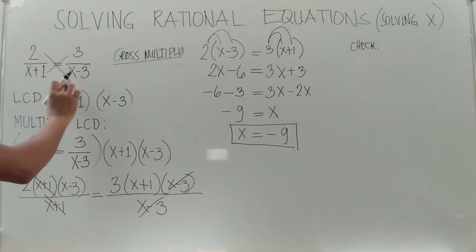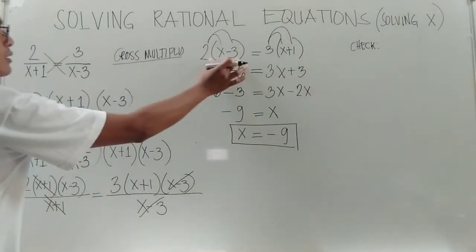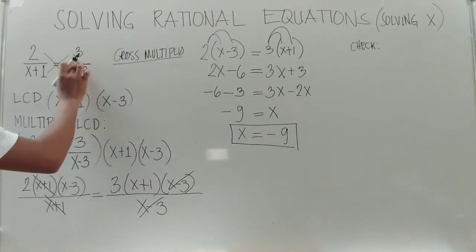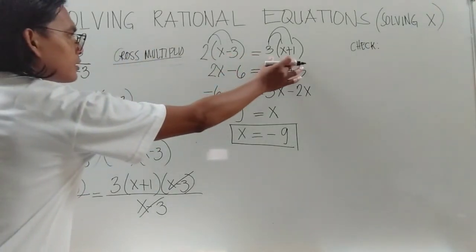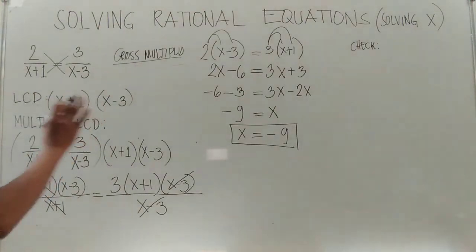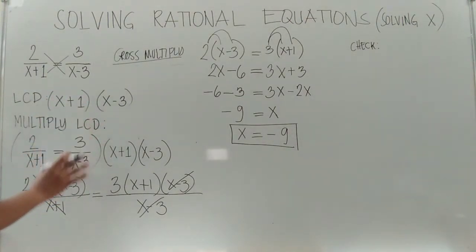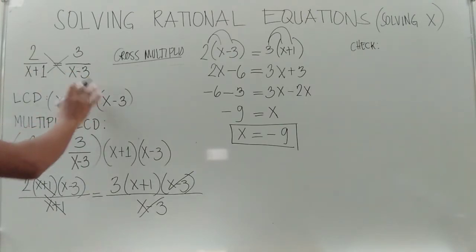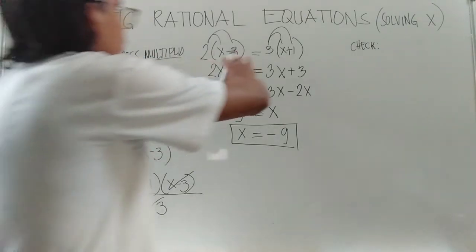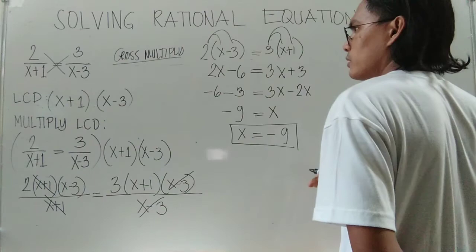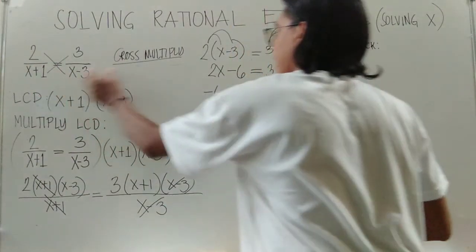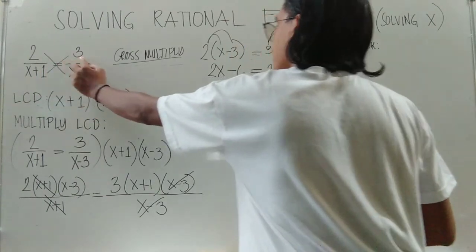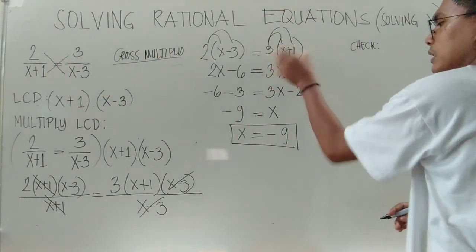Again, 2 times x minus 3 by cross multiplication. Then we have x plus 1 times 3. So we did not use the LCD and multiply it to your original equation. We just cross multiply and we have arrived at this one.